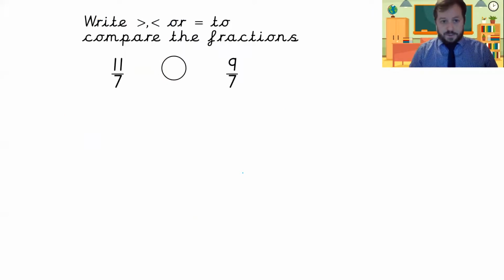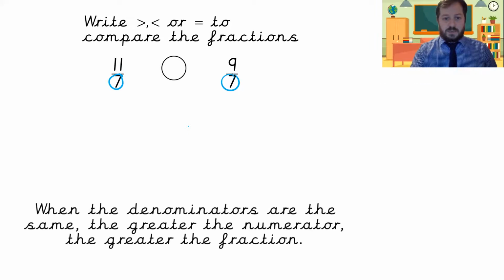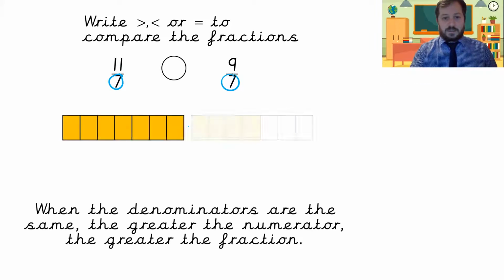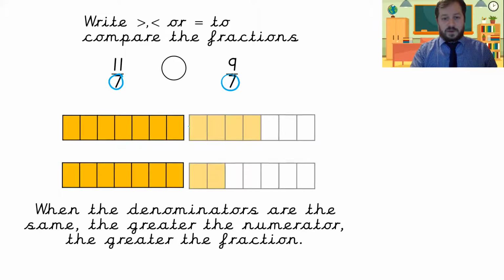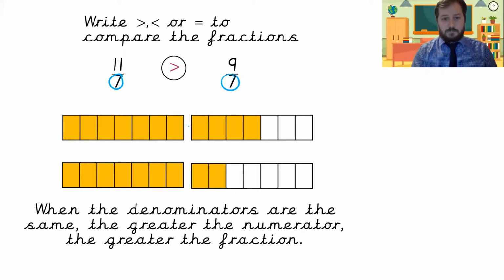Have a look at this one. So write and compare these fractions. We've got 11 sevenths and 9 sevenths. Pause now and have a go. I hope that didn't take long, because I hope everyone can tell me that because our denominators are the same, all we have to do is compare the numerators, and you should all be able to tell me that 11 is greater than 9.